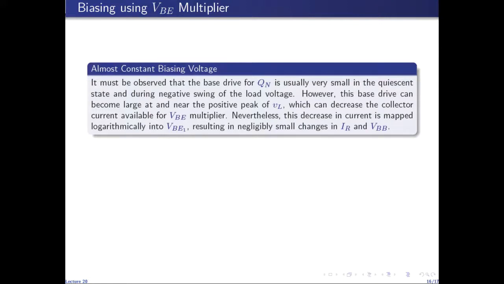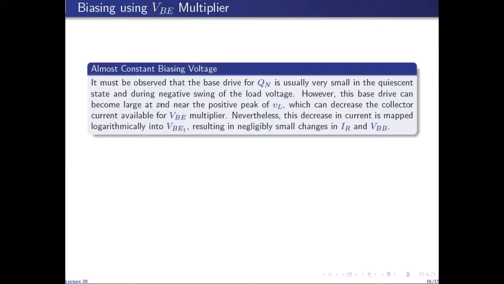Although the changeover is gradual, so when the input voltage is 0, Qn is conducting a small quiescent current, and as the load voltage increases in the negative direction, the conduction gradually shifts from Qn to Qp. So during the negative swing of the load voltage, we can safely say that the conduction through Qn is very weak, which means that the base current of Qn is very small.